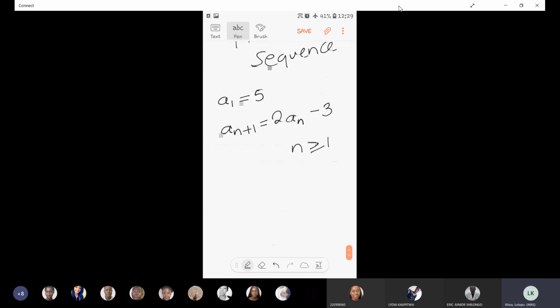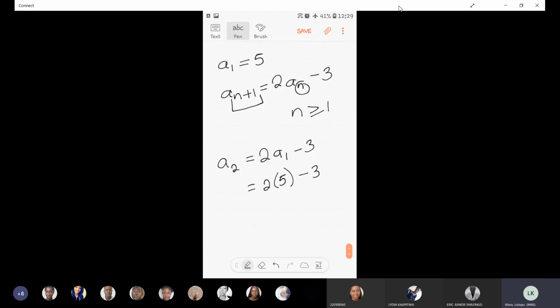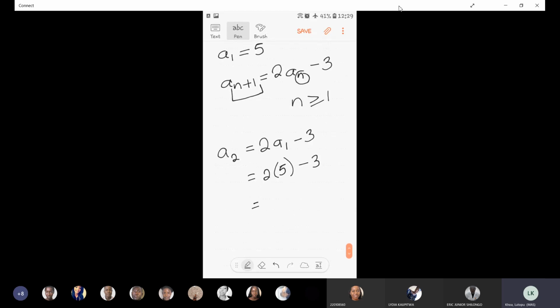So if I want to work out a2, here n plus 1 becomes my 2, so n will be 1. This is 2 times a1 minus 3, so this is 2 times 5 minus 3, which is 10 minus 3, equal to 7.